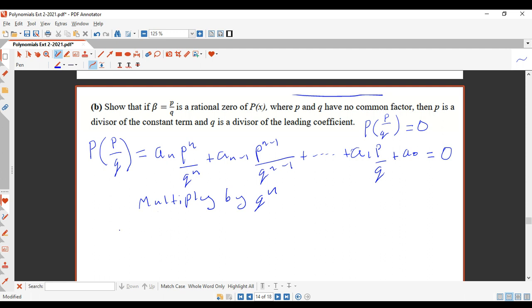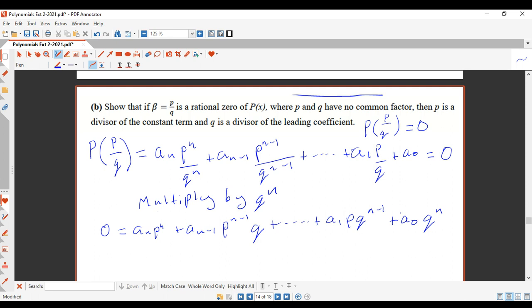So you're going to have 0 here equal to a_n p^n plus a_(n-1) p^(n-1) q plus dot dot dot plus a_1 p, which will stay as it is, times q^(n-1), and then we've got plus a_0 q^n.